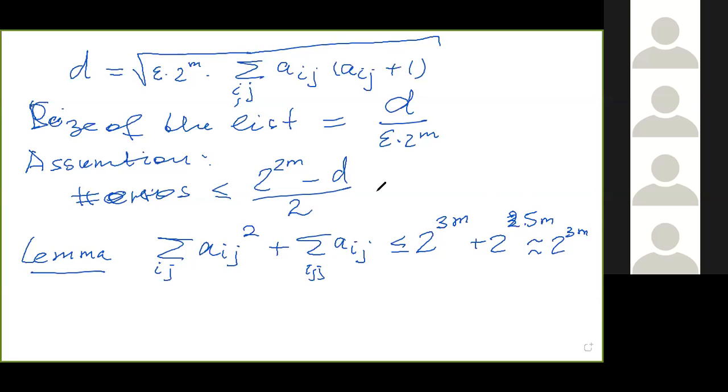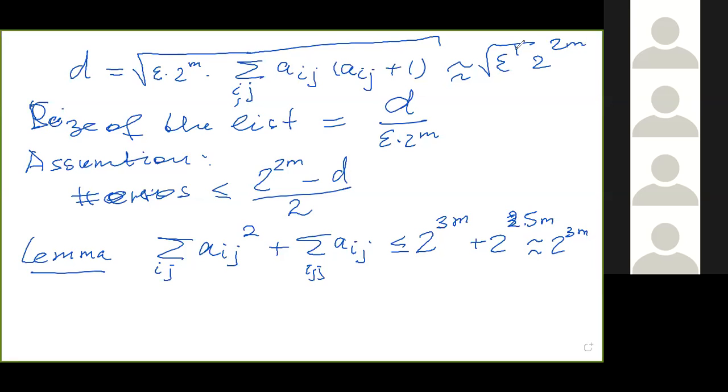And so we obtain here that our d is approximately equal to square root of epsilon times 2 to the 2m, because we have here 2 to the m times 2 to the 3m.